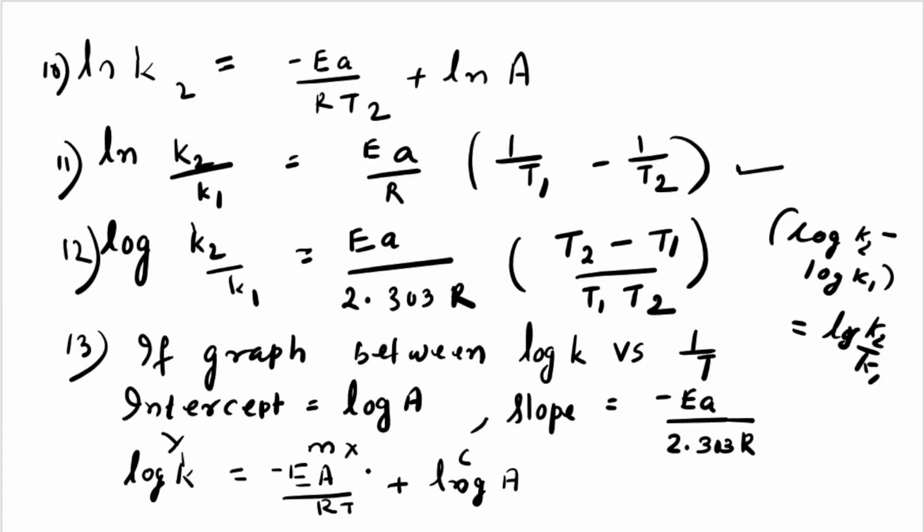Slope equals minus Ea, you should put small a, not a big A. So this part is MX, this part is C, this part is Y. That means Y equals MX plus C. M means slope, minus Ea by 2.303 R, because you are drawing this graph, this versus this.